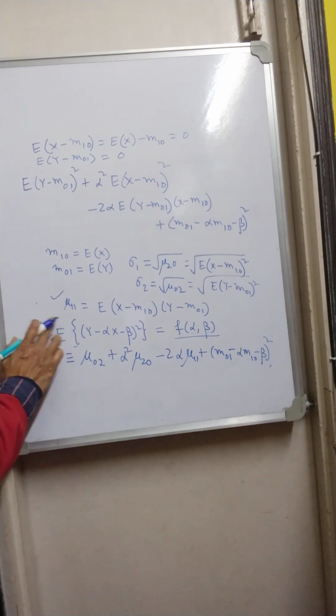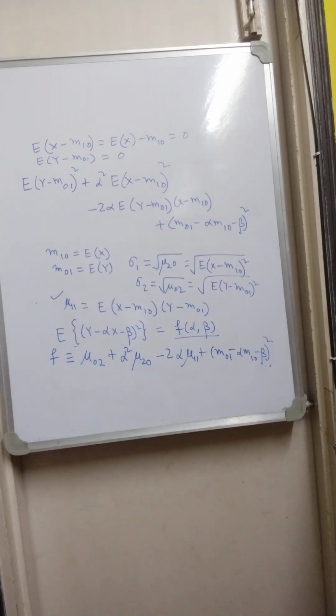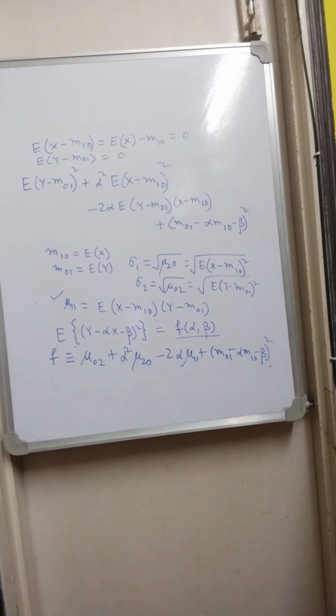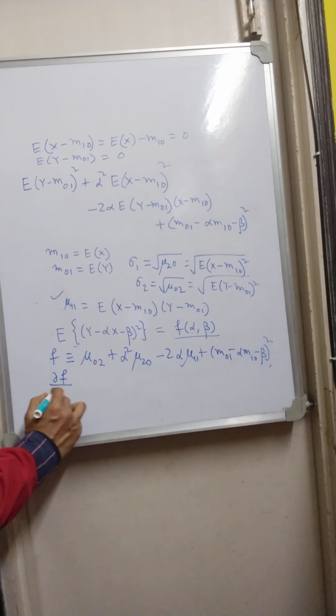And we would like to minimize this so as to get the best fitted regression relation. So we should take the derivative of f with respect to alpha and with respect to beta.